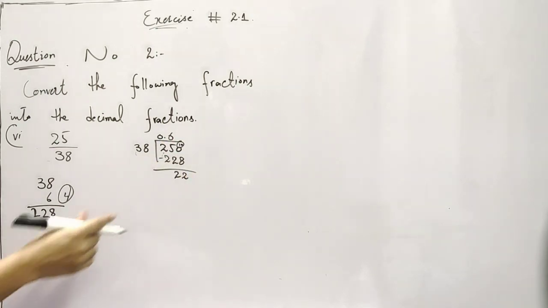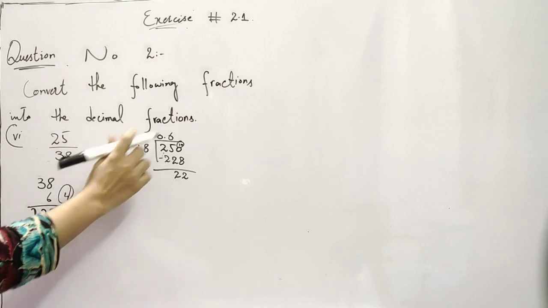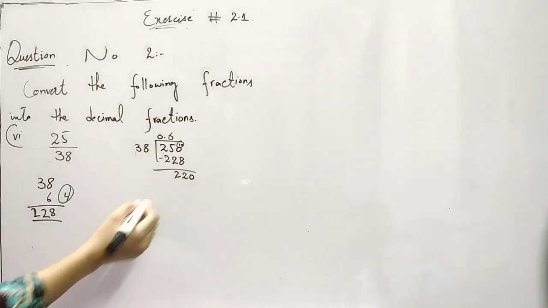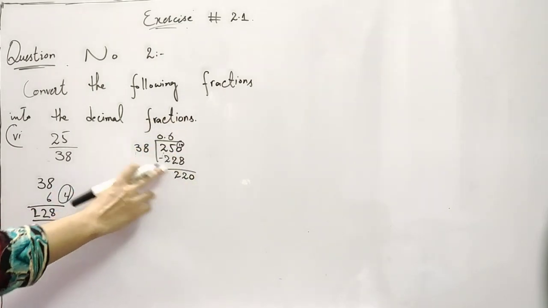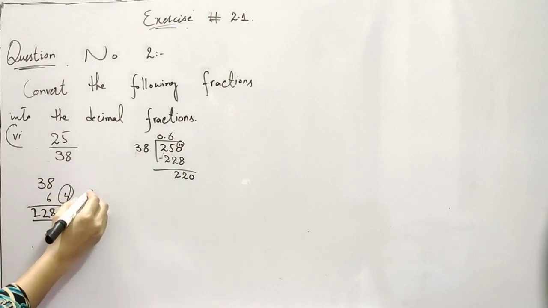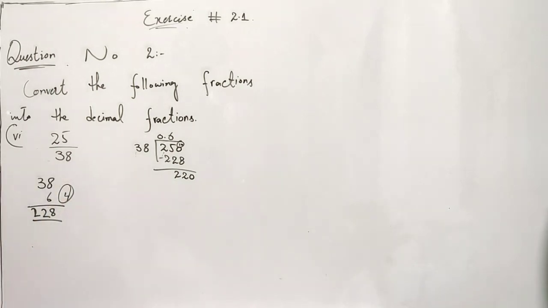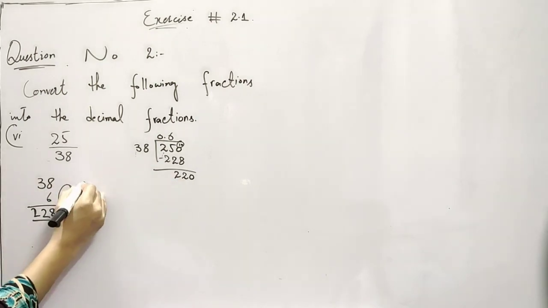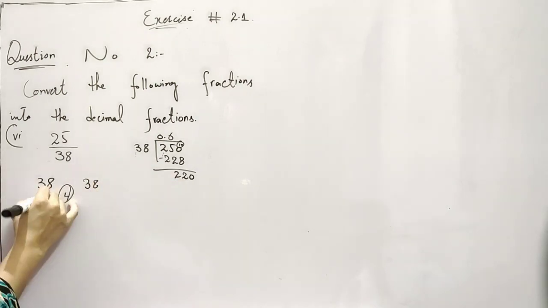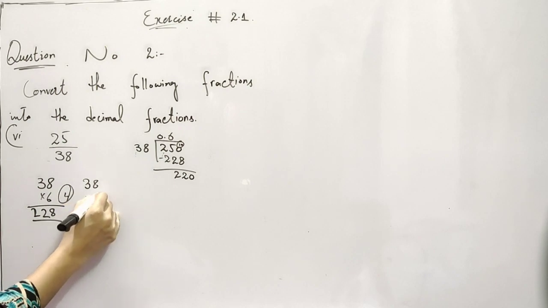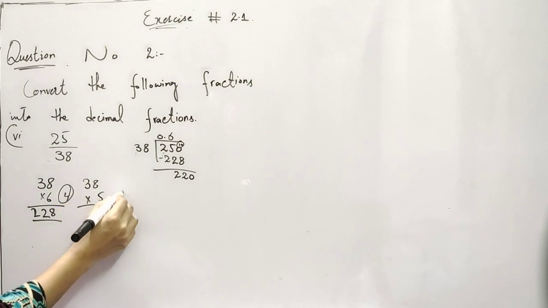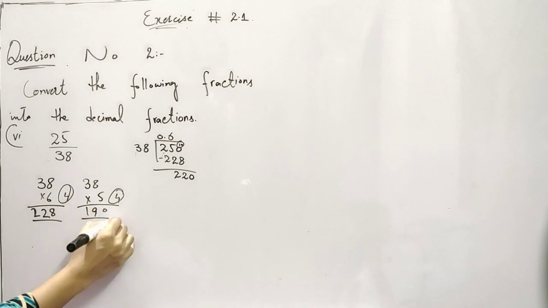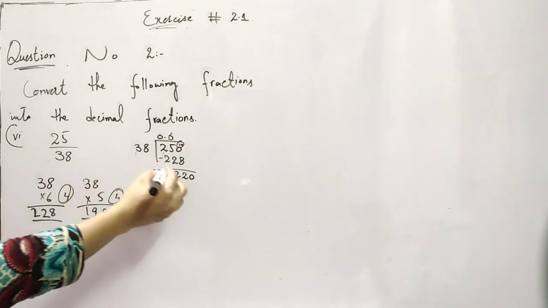We will get 22, and 22 is less than 38, so again put 0 here. Now this becomes 220, and 220 is greater than 38. Multiply 38 by 5. We get 190.